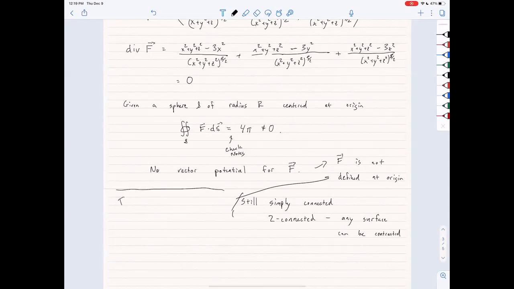So then the theorem is, if F is defined, this is not in the book, but it's true, on a 2-connected region, and div F equals 0, then it has a vector potential.